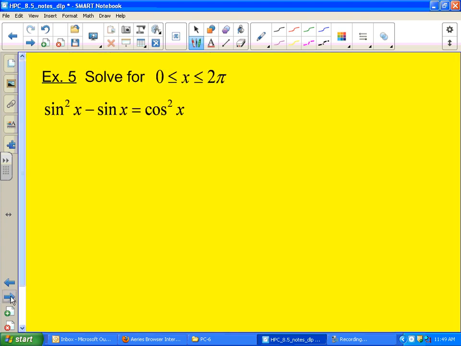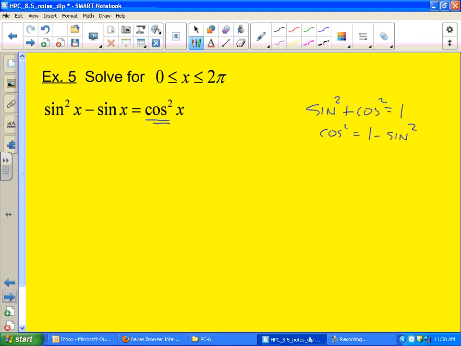All right, solving again in radians: sine squared x minus sine x equals cosine squared x. Okay, so I'd like to get all these to be the same trig function. And I see sine squared x, and I see sine x. So let's see if we can create out of a cosine squared x a sine x. Well, we know our identity says that cosine squared is the same thing as 1 minus sine squared.